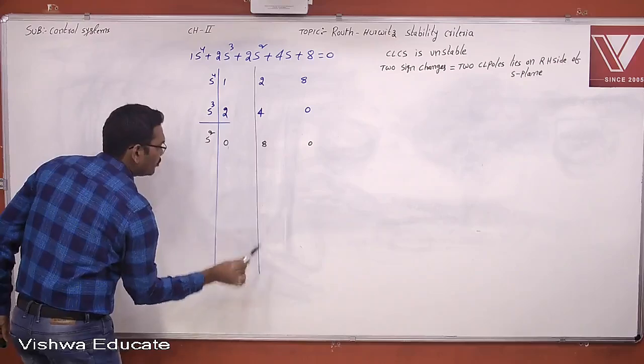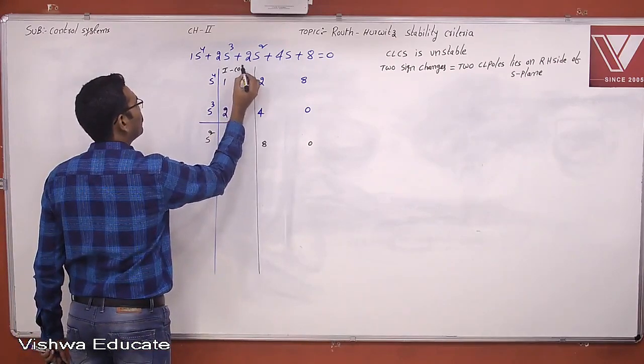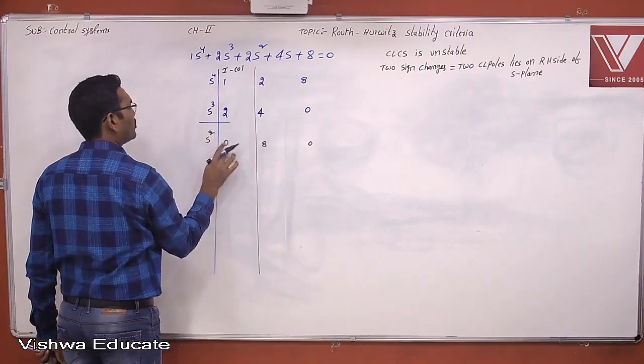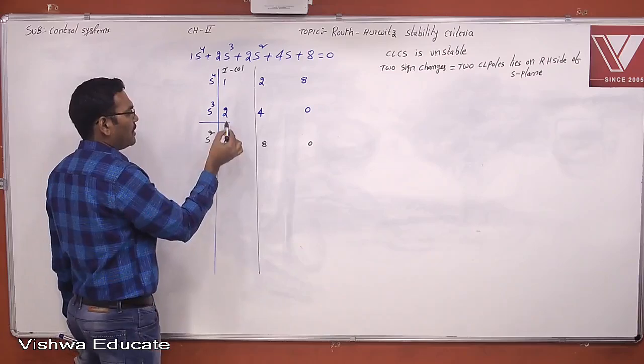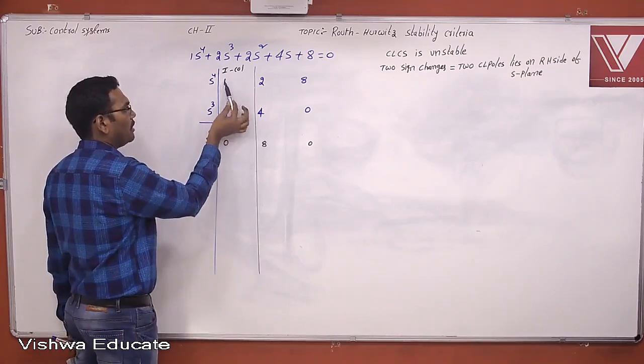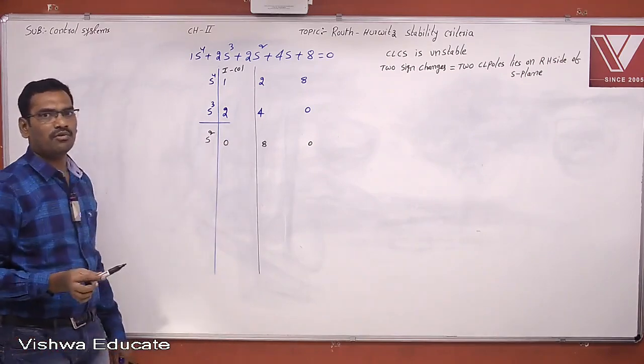Now condition 2 has failed. What is condition 2? The first column coefficient should not be 0. But here one of the first column coefficients is 0.